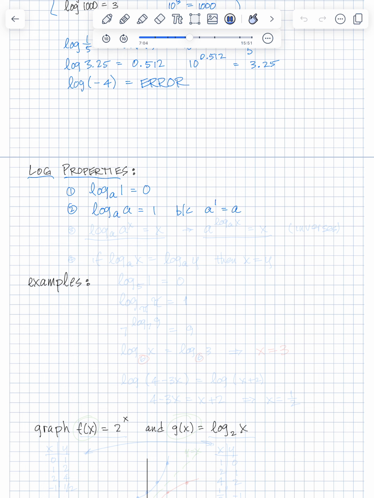And so another one that comes in handy: log base a of a to the x is just equal to x. Or we could put it in the exponential and say a to the log base a of x is equal to x, because these are inverses of each other.